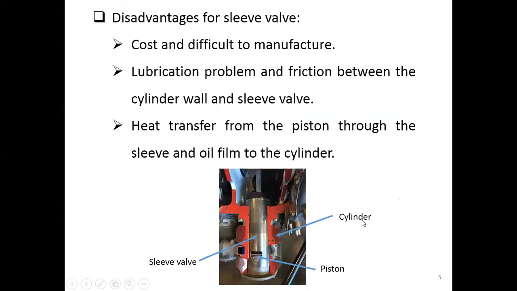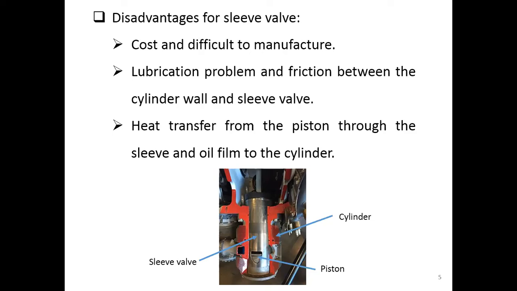So that results in a lubrication problem: higher surface, you need higher lubrication. And because of higher surface, friction is a surface phenomenon, so if you have higher surface, you have a higher problem with friction. You also have heat transfer from the piston to the sleeve and the oil film to the cylinder because of the higher surface.